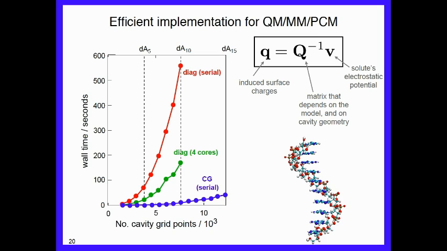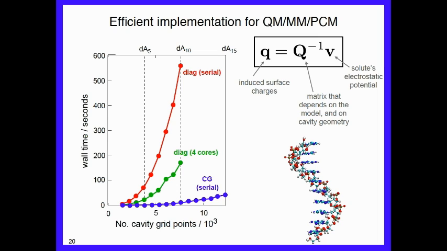And if your QM region is small, you may be spending significantly less than 10 minutes on the Fock build. And so in other words, we've reached an interesting regime where the classical continuum solvent part of the calculation has become the bottleneck. Okay. You can partially overcome that by parallelization, so the green data are parallelized over 4 processors, but it's still n cubed, just farmed out over more cores.